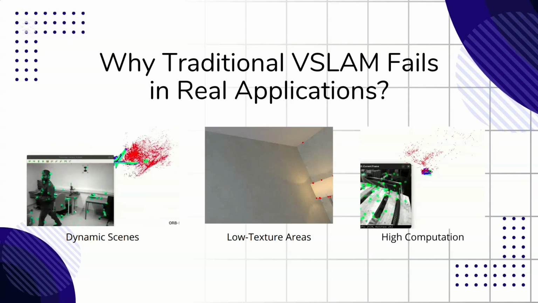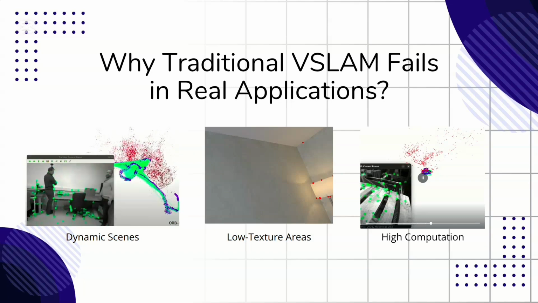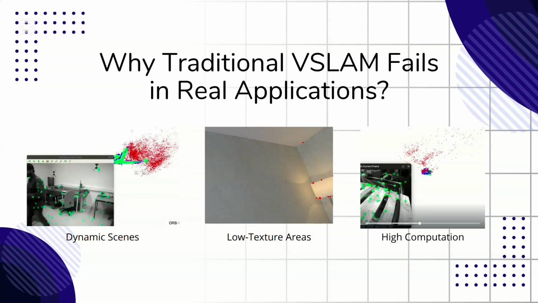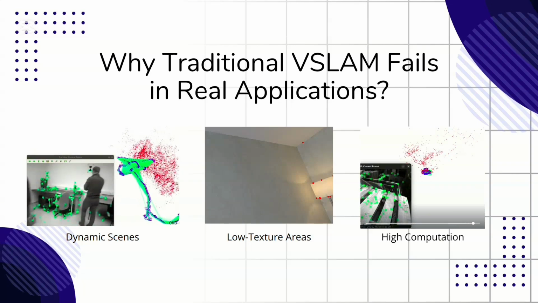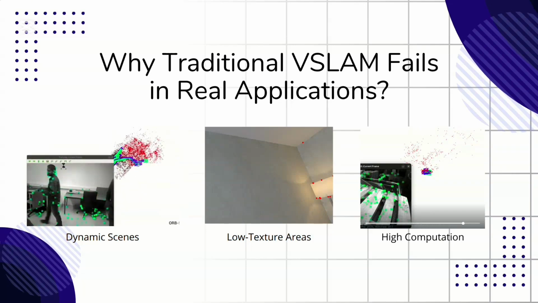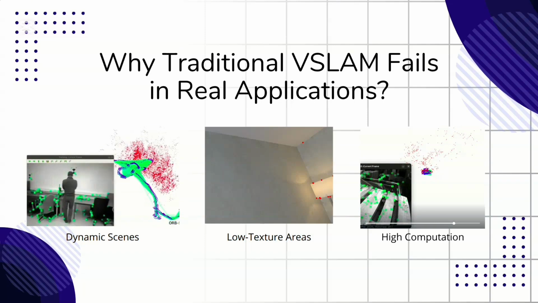Also, because it takes a visual feed, most VisualSLAM systems are highly computationally complex. So this is an attempt by us to implement the ORB-SLAM 3 system on our embedded device.